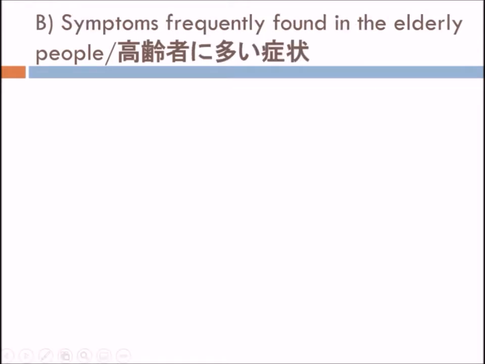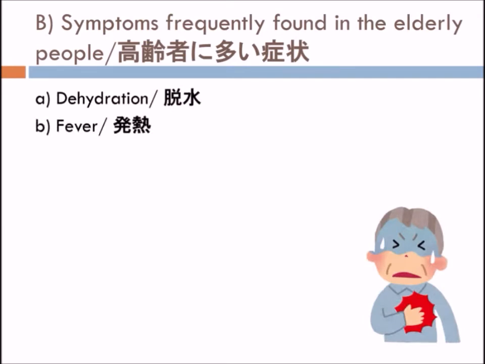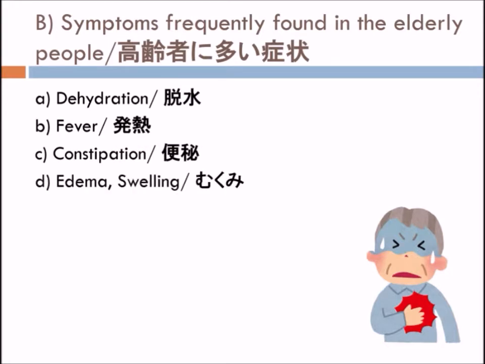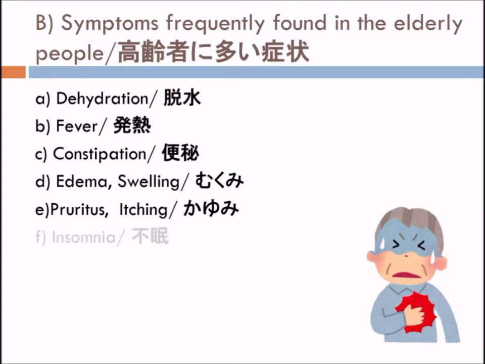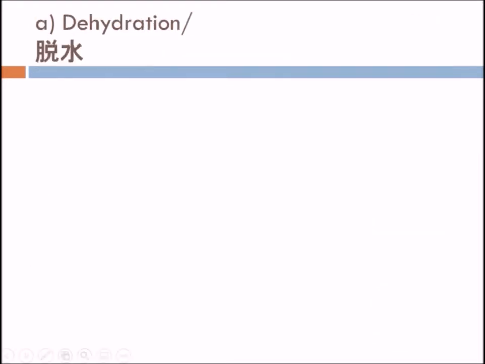Symptoms frequently found in the elderly: dehydration, fever, constipation, edema, swelling, pruritus, itching, insomnia, hypertension. Dehydration.